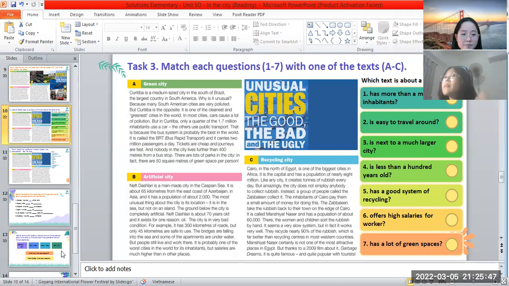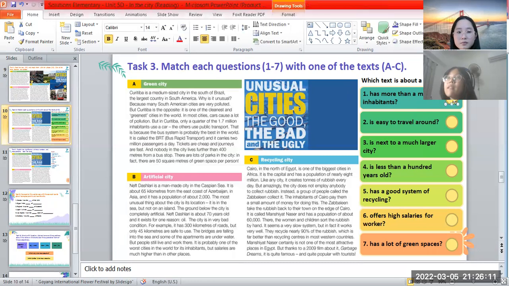Okay, I'm finished. Okay, so what is the answer for question number 1? Which text is about a city which has more than 1 million inhabitants? I think it's paragraph C. It's easy to travel around.